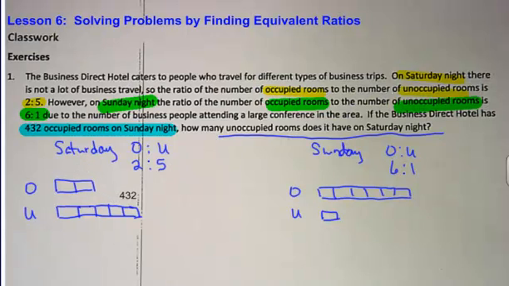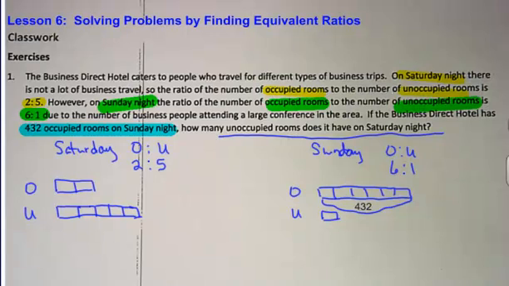Unoccupied Saturday night? Oh, right here. Sunday night, occupied rooms. So this whole piece here is going to represent the 432. So this whole thing here is equal to the 432.